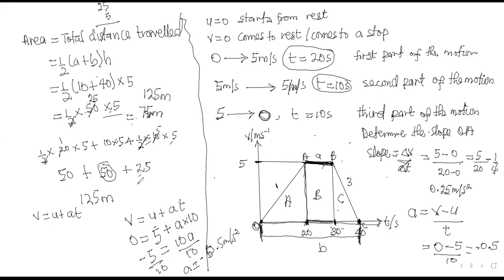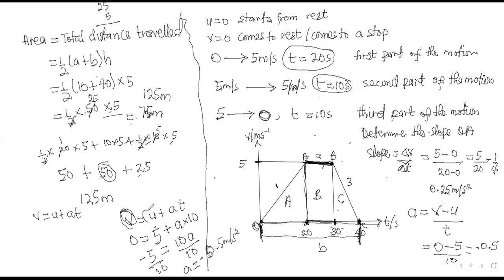Sir, so it will be A is equal to V minus U over T, where A is equal to deceleration, V is initial velocity, and U is final velocity. No, U is initial velocity, V is final velocity, whether deceleration or acceleration.